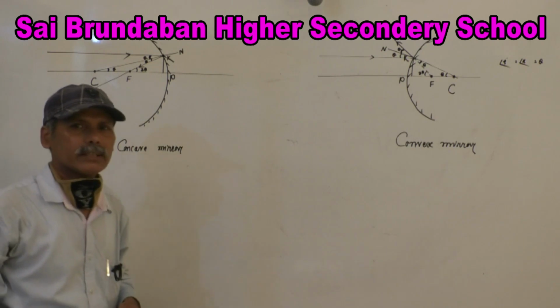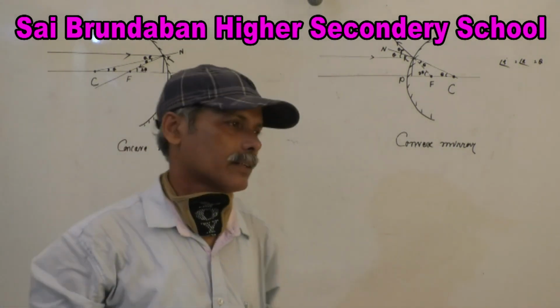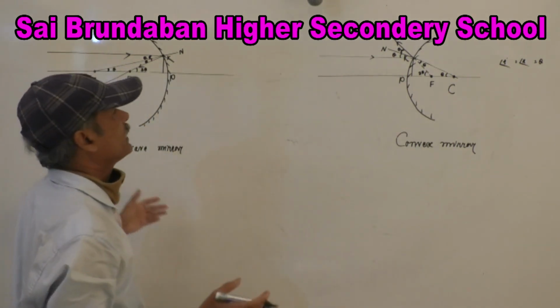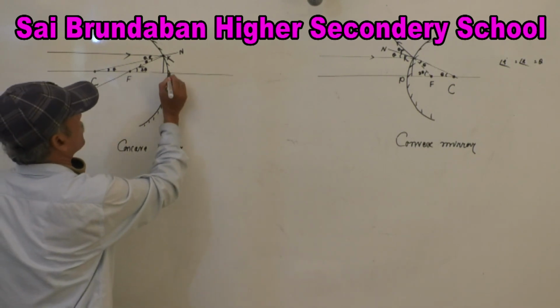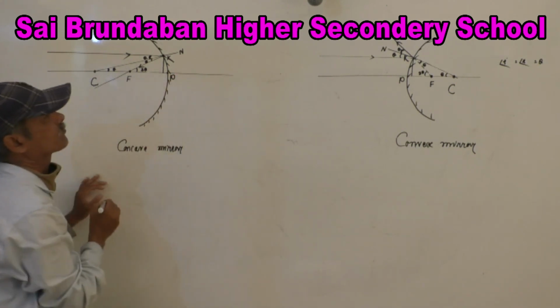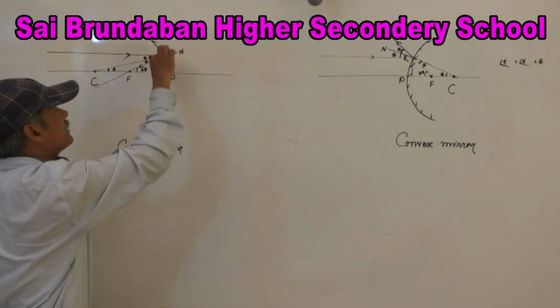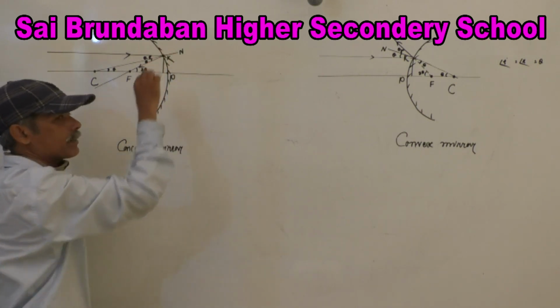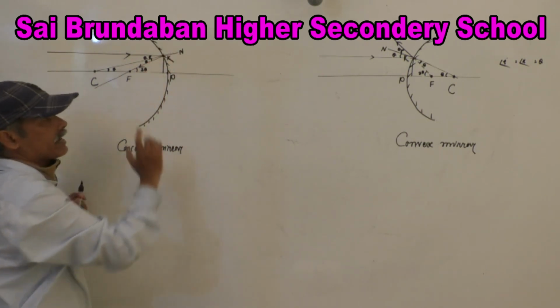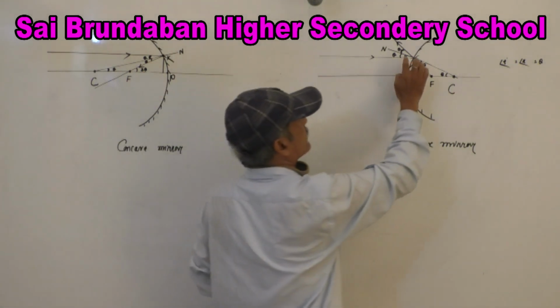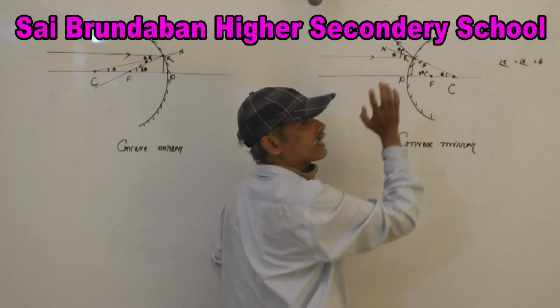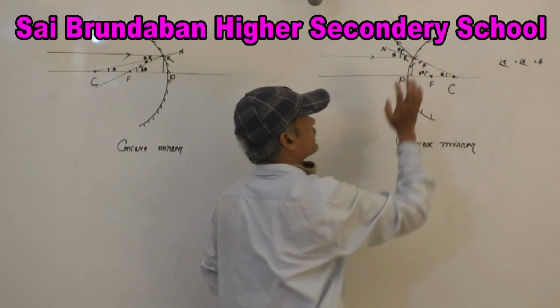But one thing in your mind, that sir, why you are taking P is here, but we are taking this line as KP. K is the strike point, the point of incidence.